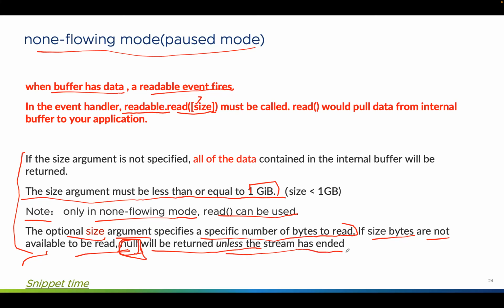Unless the stream has ended, and this is the last read. That means if you specify the size, but the size of the internal buffer is less than your specified size, null will be returned.